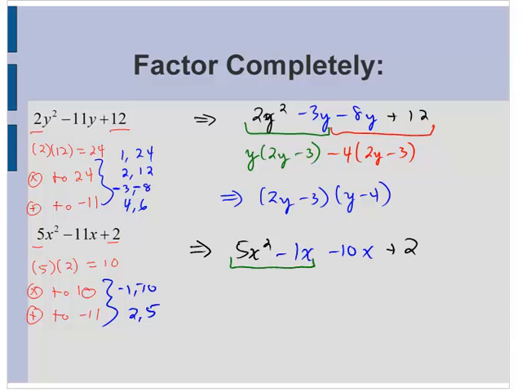Grouping. 5x squared minus 1x would be x by 5x minus 1. And then on the second grouping, negative 10x plus 2, that would be a negative 2 by 5x minus 1. And so this factors completely as 5x minus 1 by x minus 2.